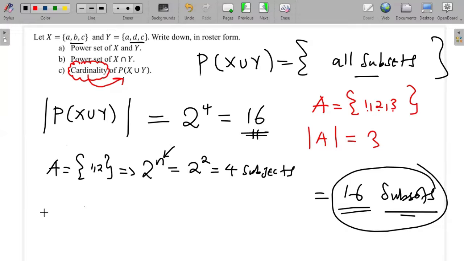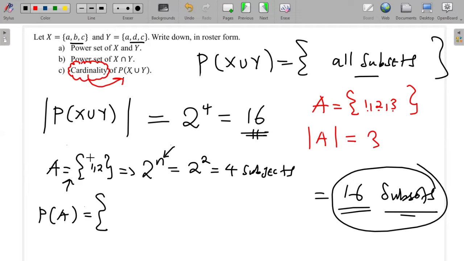Now to find the power set of A, you write P of A. This is a set that contains all the subsets of this particular set A. A subset is simply a set that is contained in another bigger set.